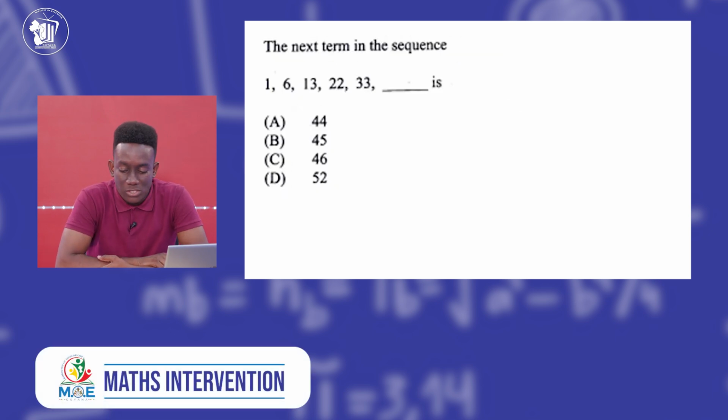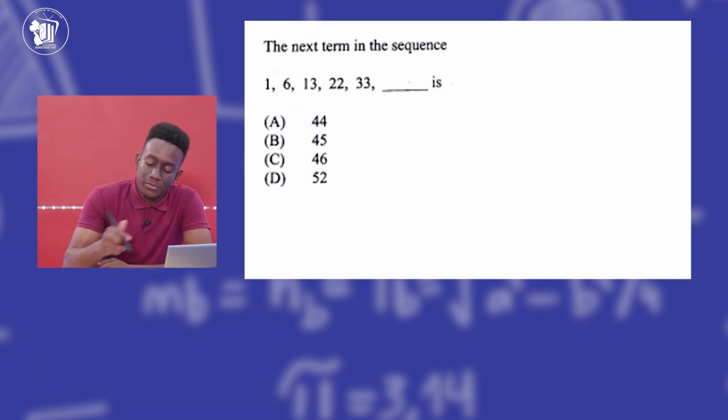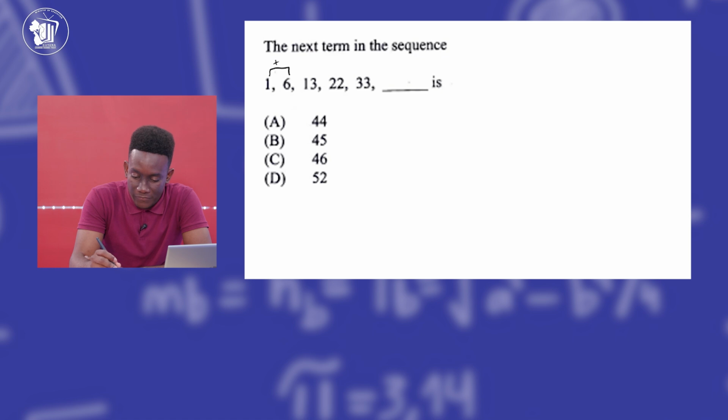And the next question says, the next term in the sequence 1, 6, 13, 22, 33 is. Let's try to pick up a pattern here. From 1 to 6, we add 5. From 6 to 13, we add 7. From 13 to 22, we add 9.